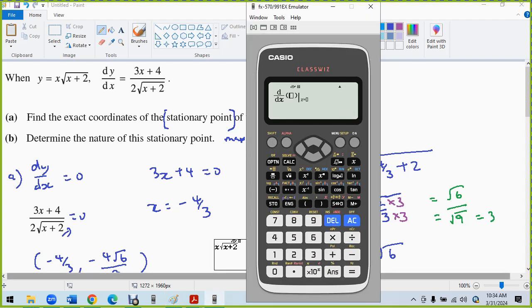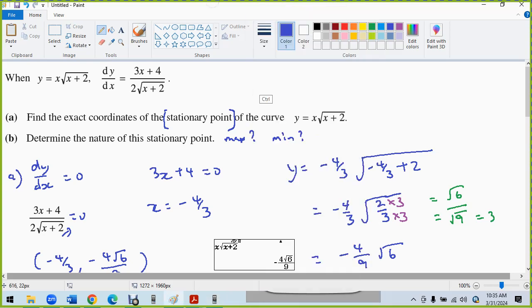So I find the differentiation of (3x + 4) over 2 square root of (x + 2) when x equals negative 4 over 3, it is positive. Okay, so this is a positive value, so it is a minimum. But we don't do it this way.